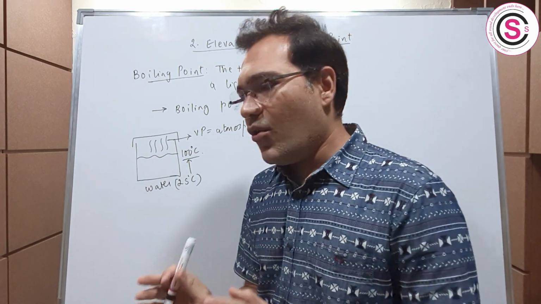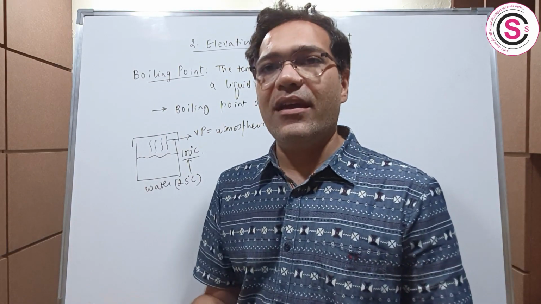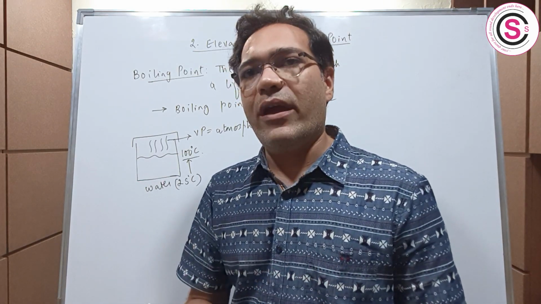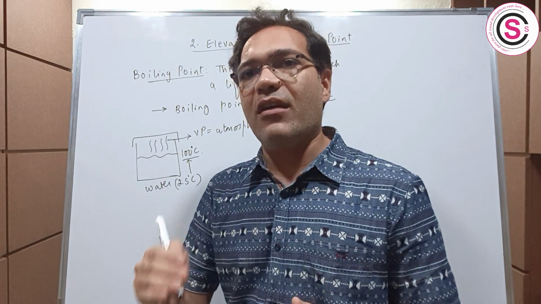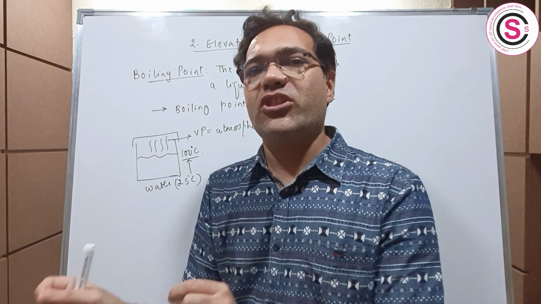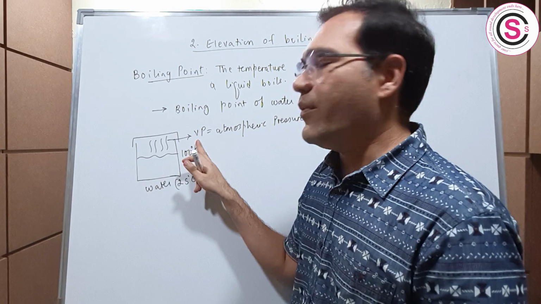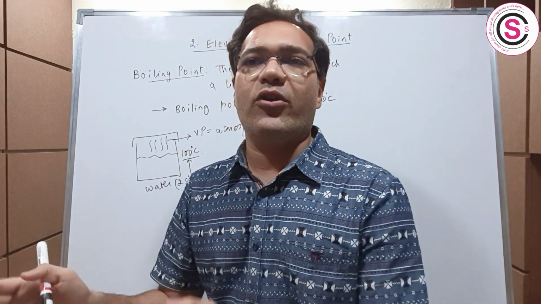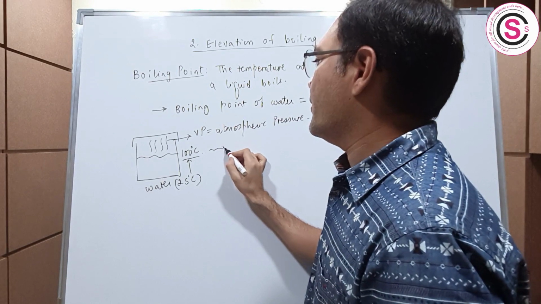Correct? So now, as a generalized statement, I can tell you that a liquid will boil when its vapor pressure becomes equal to the atmospheric pressure. And the temperature at which the vapor pressure of the liquid becomes equal to atmospheric pressure, we call that temperature the boiling point of that liquid.